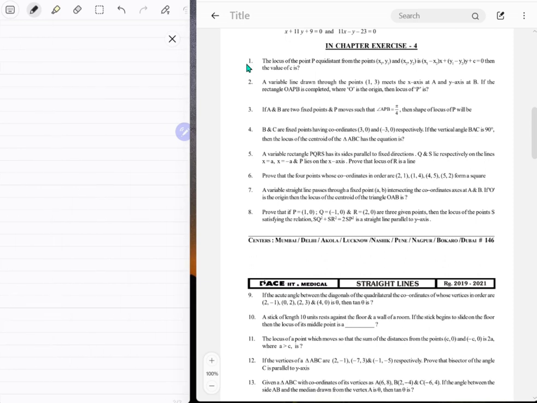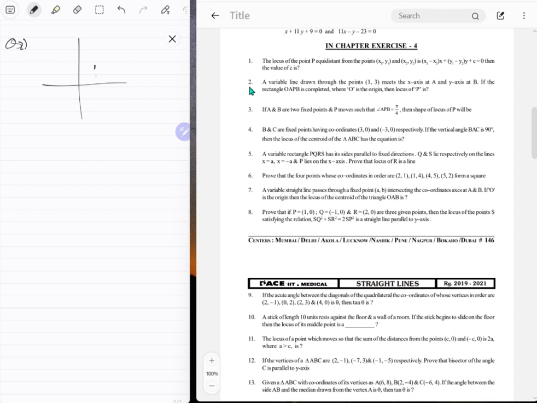A variable line drawn through the points 1, 3 meets the x-axis at A and y-axis at B. Alright, cool. If the rectangle OAPB is completed, we can just draw this thing, question number 2. 1, 3 somewhere over there.